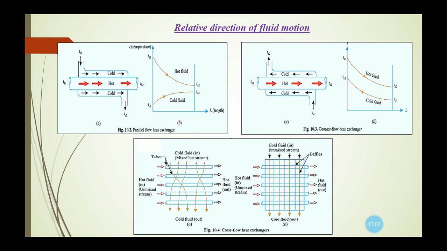So these are the concepts of the different heat exchangers when they are classified based on the relative direction of fluid motion. Here we have discussed the parallel flow, counter flow and cross flow types of heat exchanger.